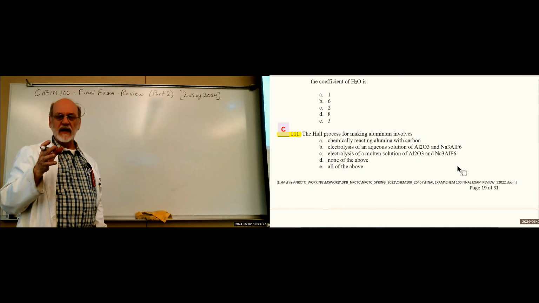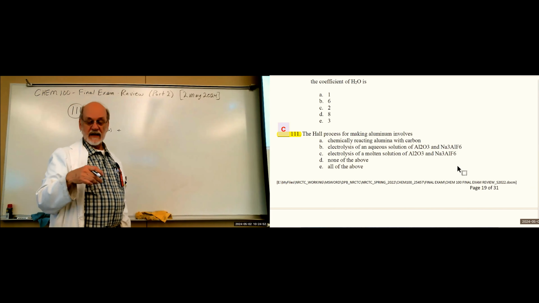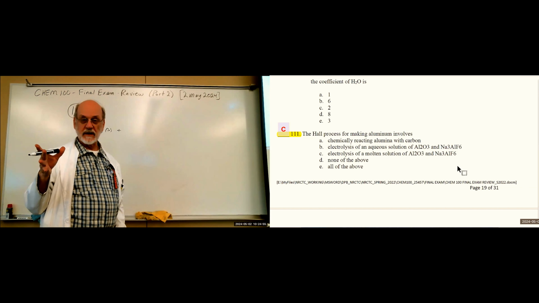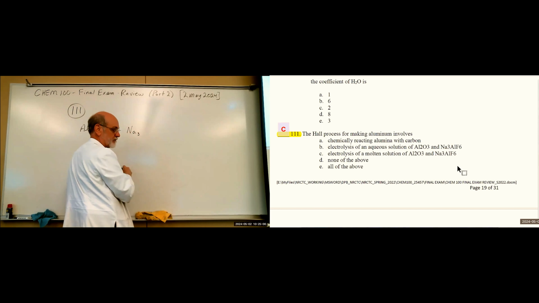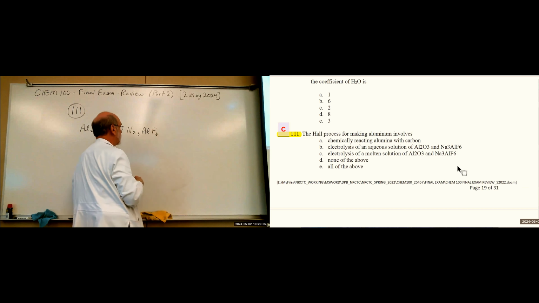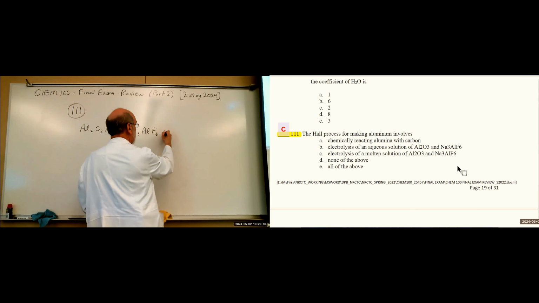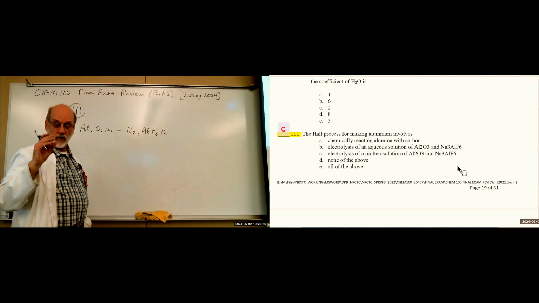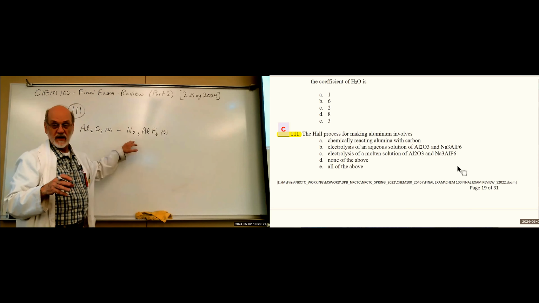And we combine it with another aluminum compound that lowers the melting point. This is a molten solution of aluminum oxide and, let's see, AlF6, that compound. We're not putting it in aqueous solution. We're melting it. Right? So we're electrolyzing.